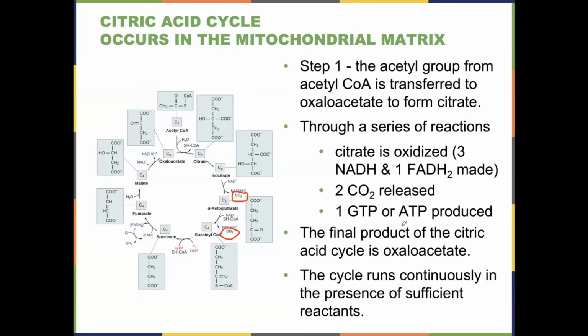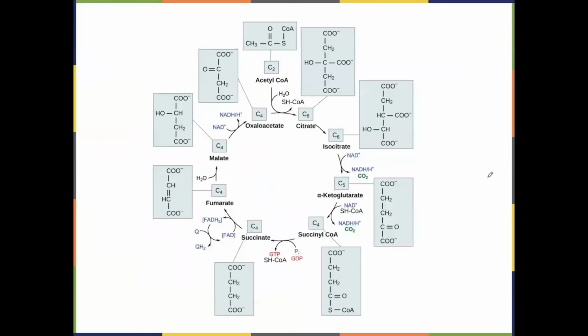We directly produce from this pathway 1 GTP or ATP per molecule of acetyl-CoA that comes in here. And if you remember, we actually made 2 pyruvate and hence 2 acetyl-CoA from every glucose. So per glucose molecule, we're actually making 2 ATP out of this cycle. Here's another look at the pathway. So again, highlighting a couple of the important things that's going on here.